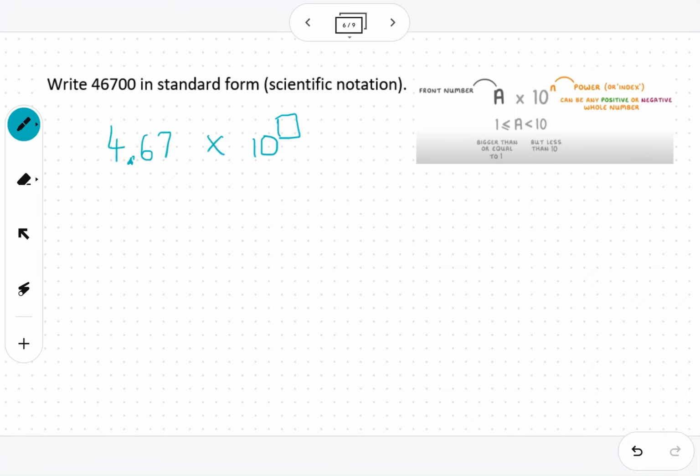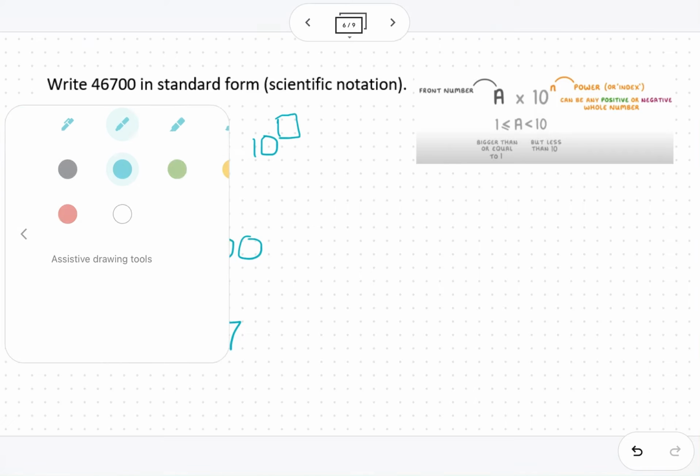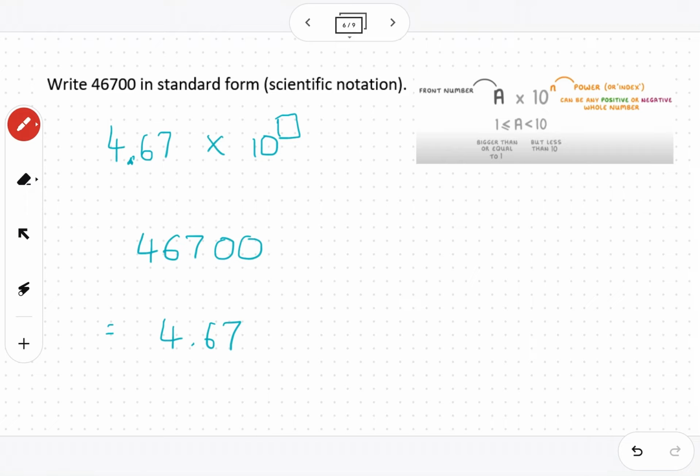Power what is it? Okay, there's another method called moving the decimal point. So you started with 46700. You want to move to 4.67, right? So the decimal point, even though it's not written here, is actually here. You've learned this. So now we want to move this decimal point to here. So we move 1, 2, 3, 4. So we are moving the decimal point 4 times.